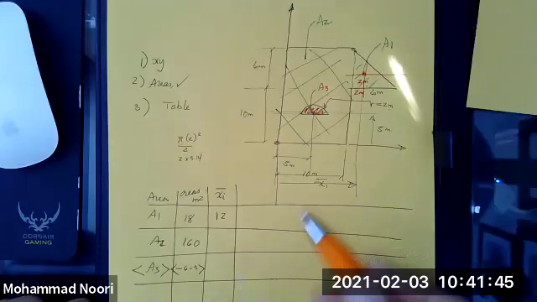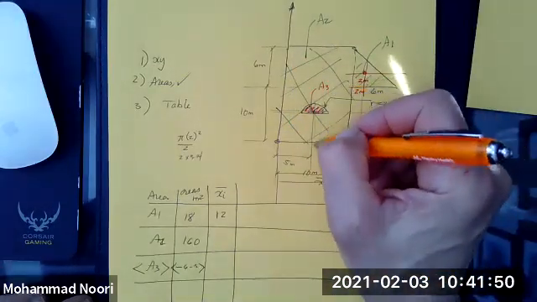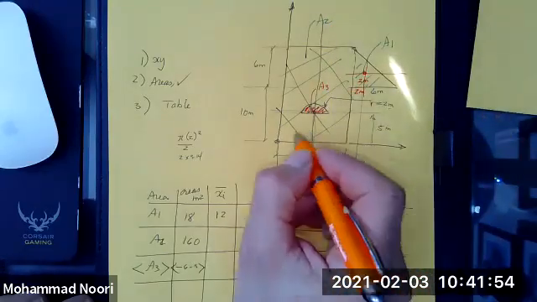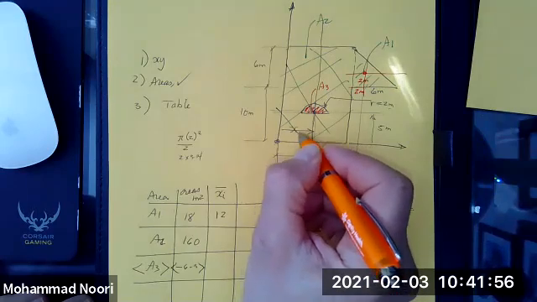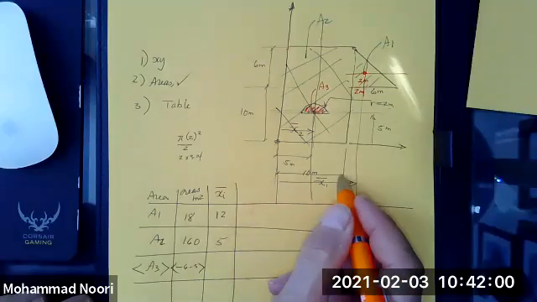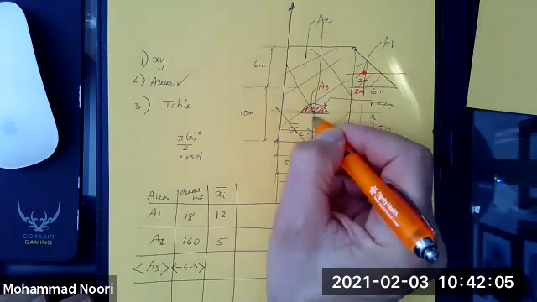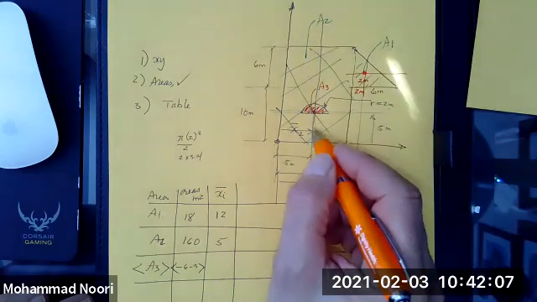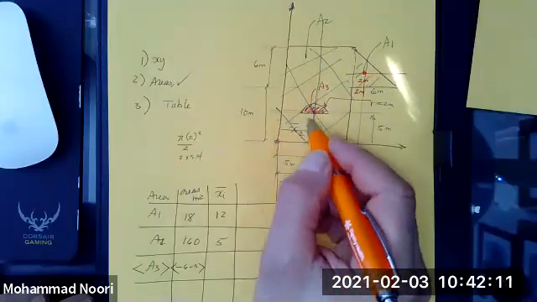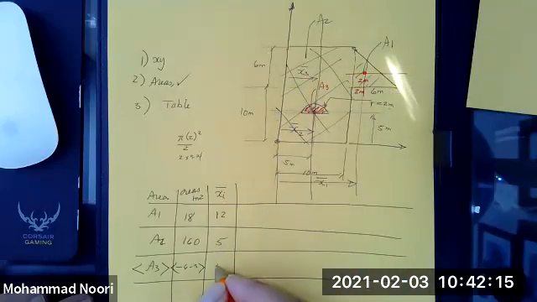How about for this guy? The rectangle is right in the middle of this side. That is this distance, which is x2 bar, and that is 5, half of this. For this half a circle, the center is also located along this line. So the centroid of this, which is along this line, is at the same distance. So this is also x3 bar, which is also 5.